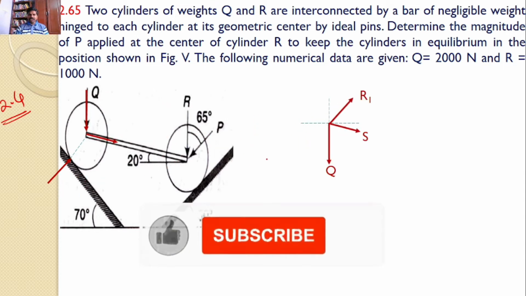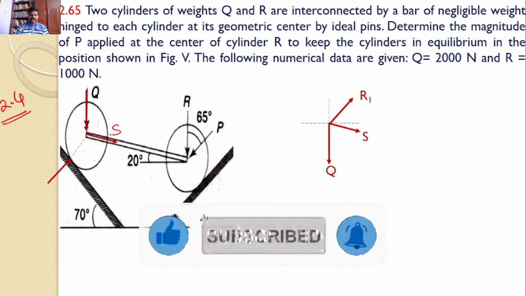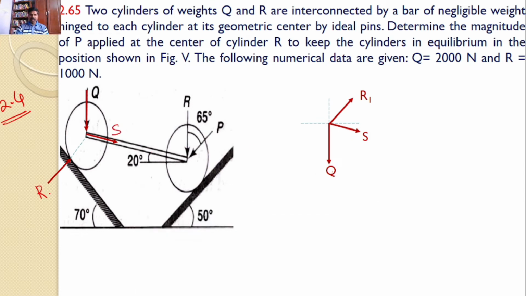Now, look at this. This force is Q and this force is S and this force is R1. Let us try to find the angle made by S and R1 with either horizontal or vertical. R1 makes an angle 70 degrees with the vertical. What is the reason?